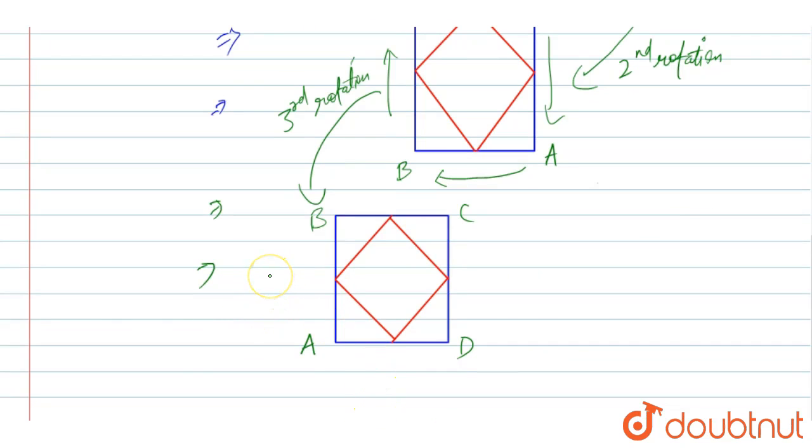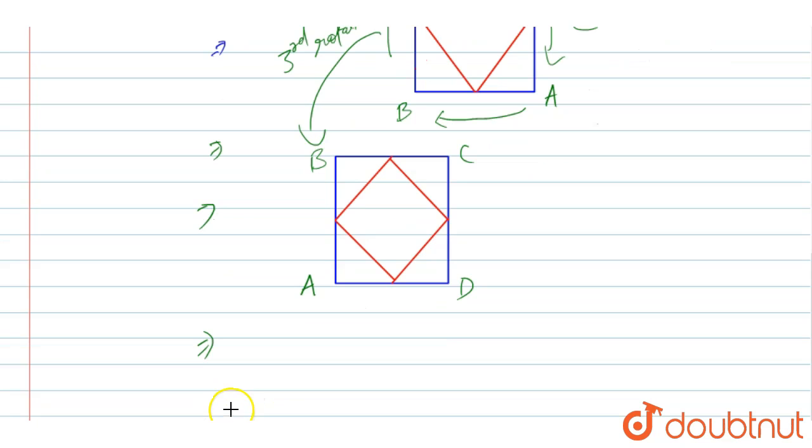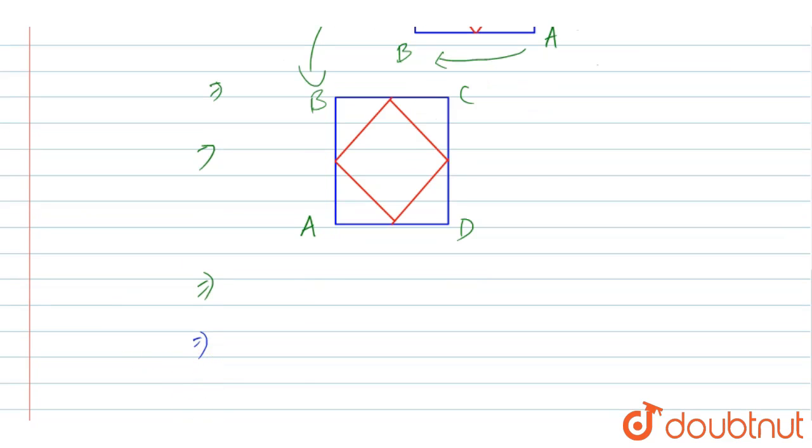So that is the result after the third rotation, but still the position of A is not where we started. So we need to see one more rotation so that we are at the point from where we started.